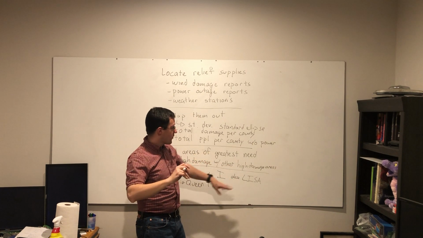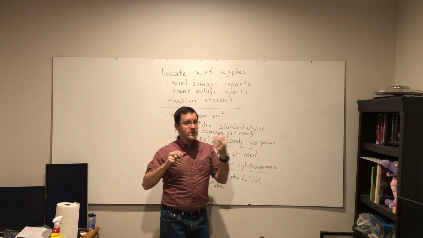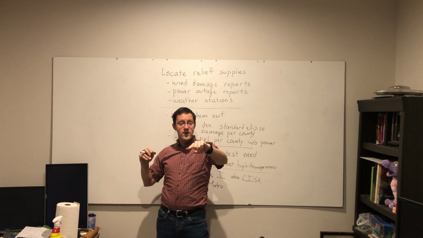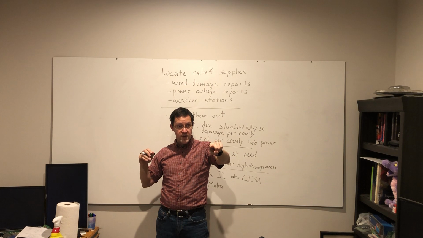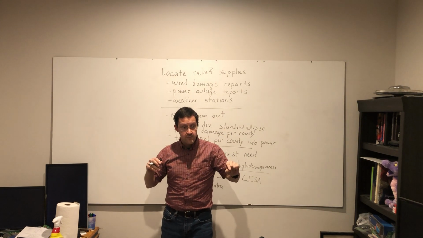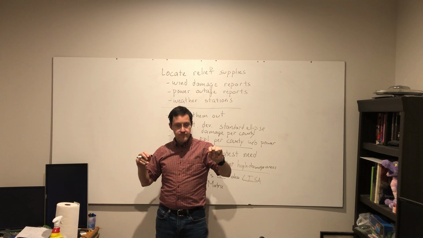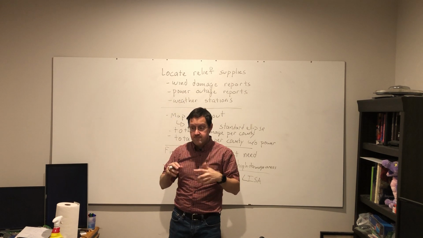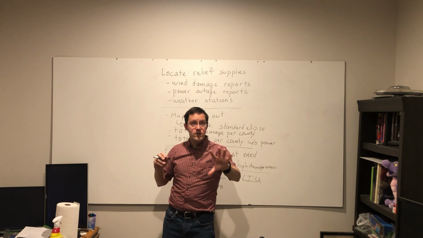And you can then circle this back and in your decision say, I want the red areas as the places where there should be relief centers. This is a very simple, straightforward example.